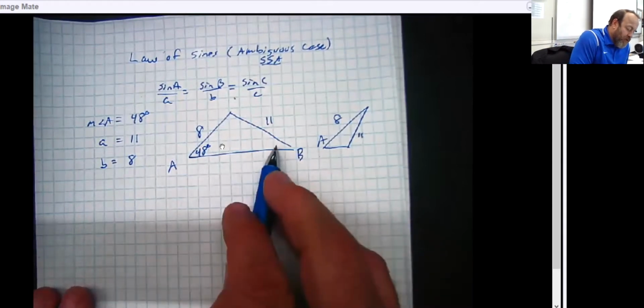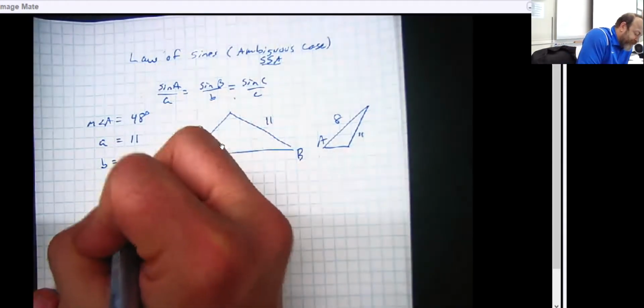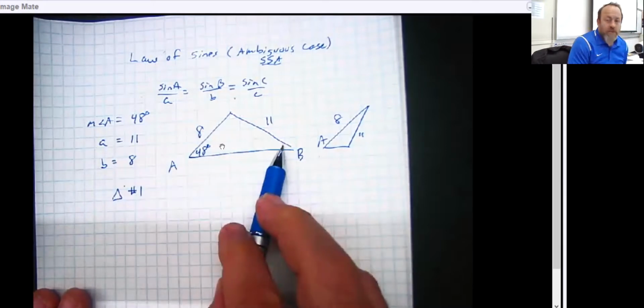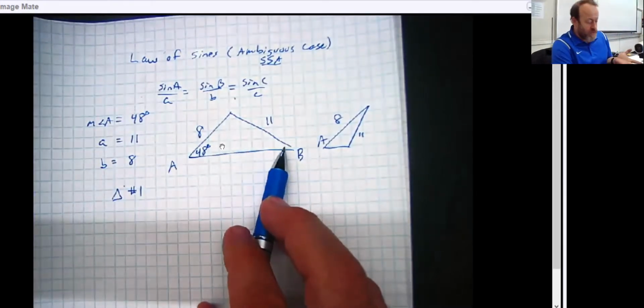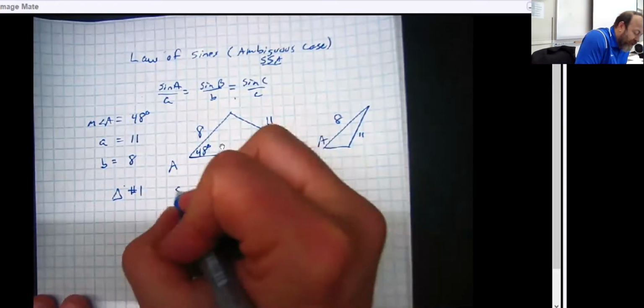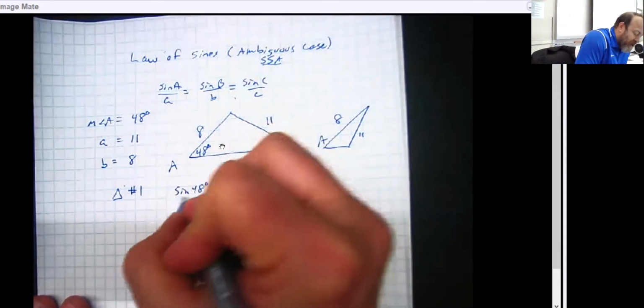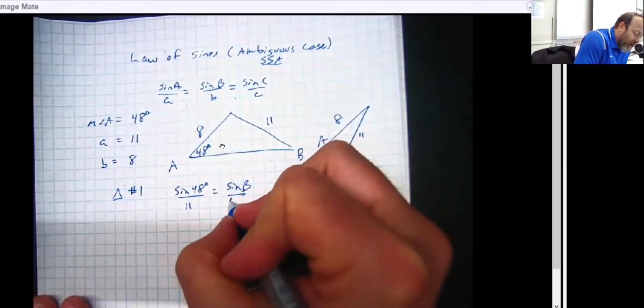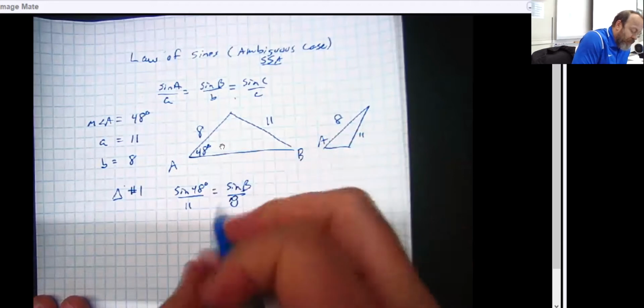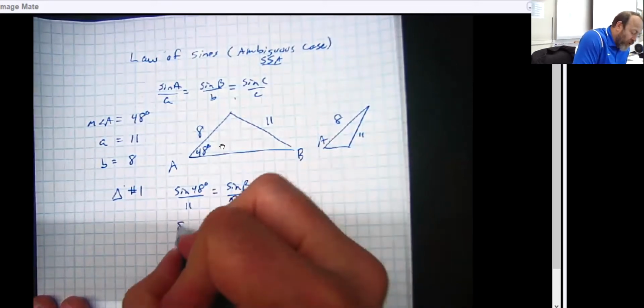So I'm going to try to solve triangle number 1, assuming that this is going to be an acute angle. And again, that may not be a safe thing to assume, but I'm going to start with that idea. I'm going to say that the sine of 48 over 11 is equal to the sine of B over 8. This time I'm not going to do the full cross multiply.